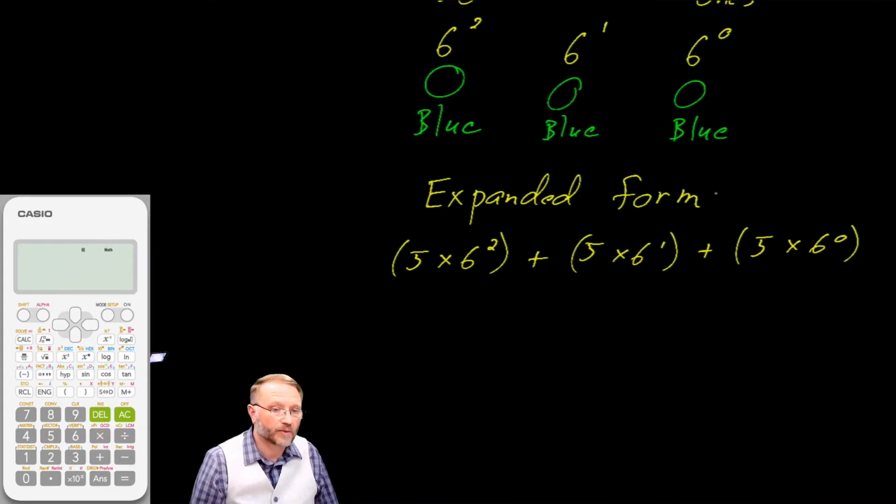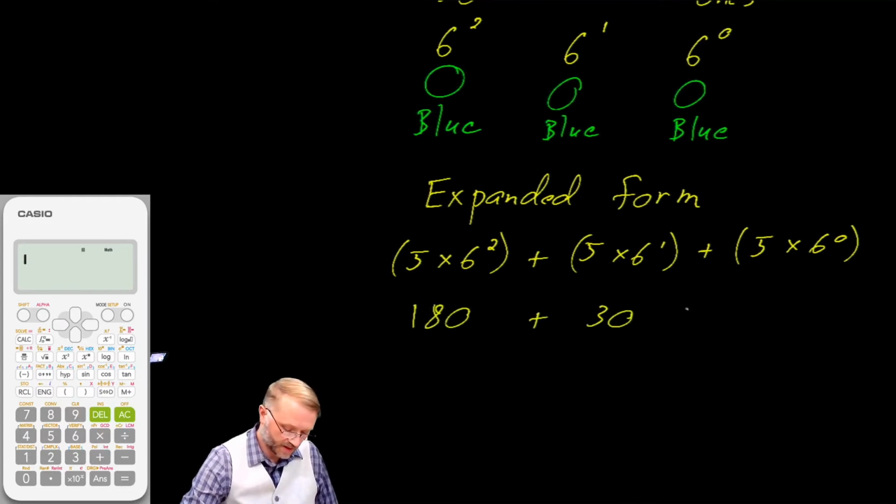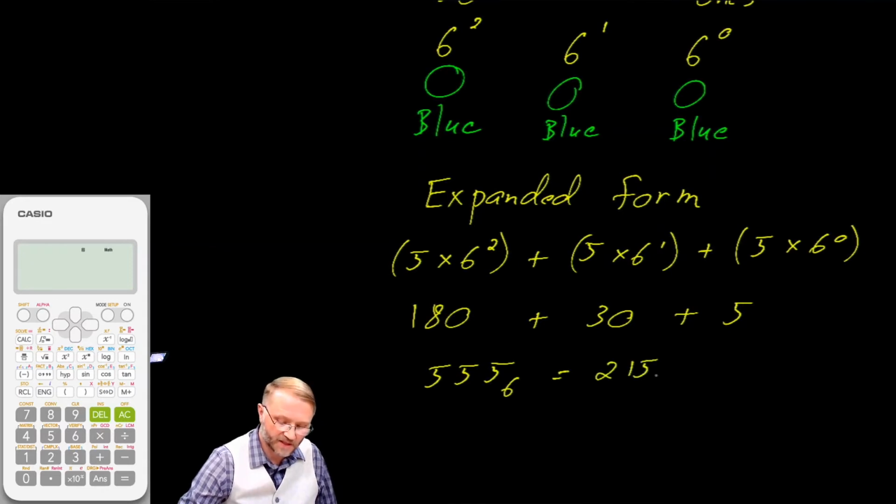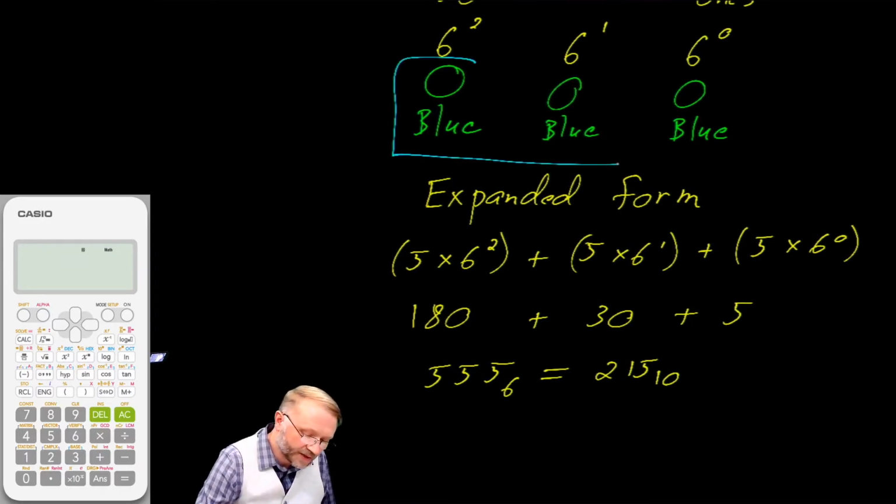Once we get this far, we're in a good position to do a conversion over into decimal form. So we could say that this is 180 plus 30 plus 5. So 555 base 6 is equal to 215 base 10.